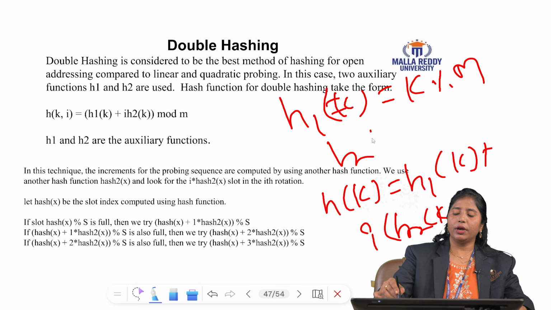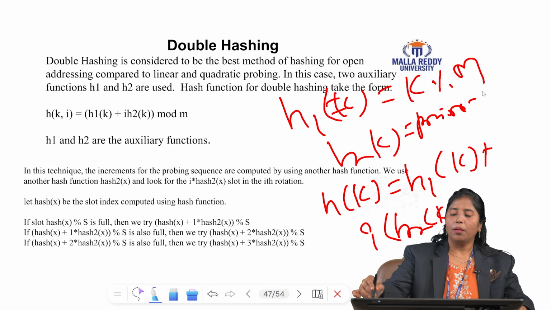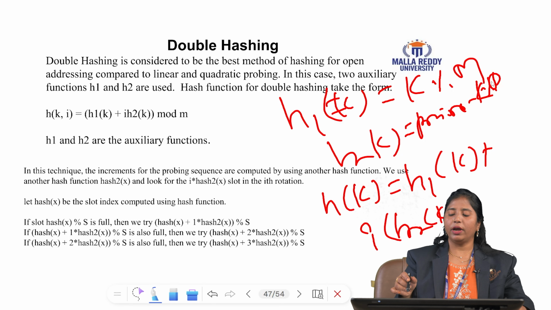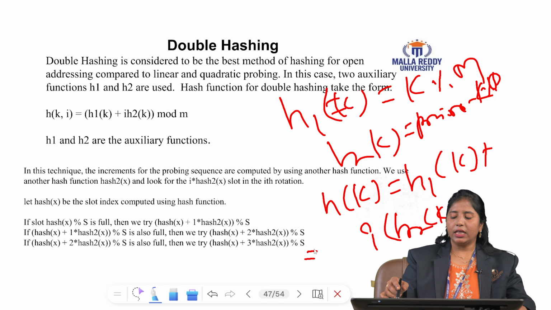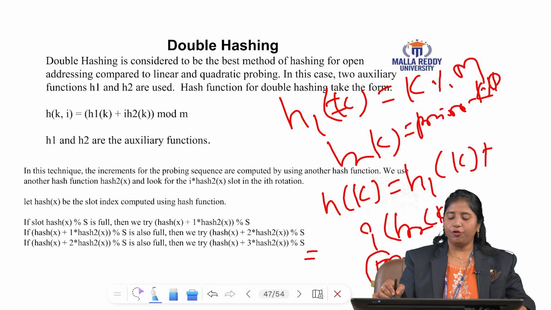And h2 of k is prime number minus k mod prime. The prime value we take should be the nearest below the hash table size. For example, if the hash table size is 10, the prime number should be less than the hash table size, like 7. Like this we can take h2.